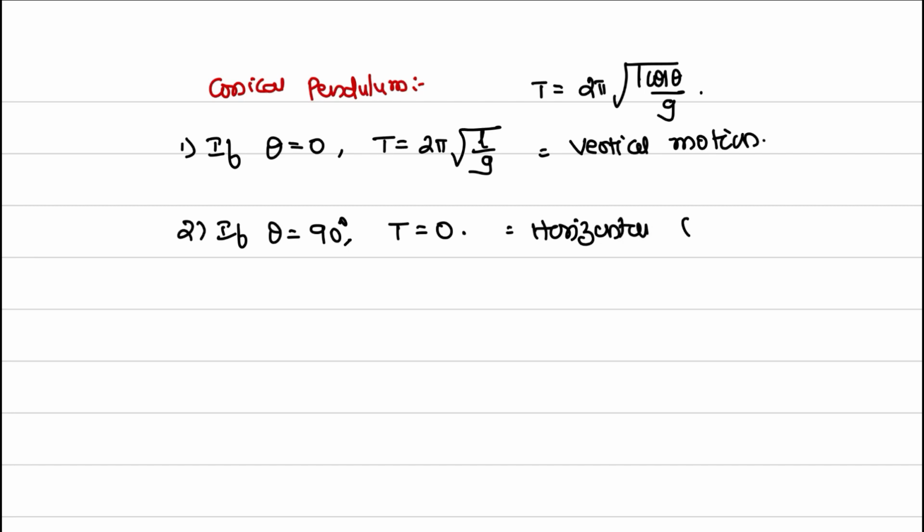When theta is equal to 0 degrees, it is vertical motion, we have understood about the simple pendulum. When theta is equal to 90 degrees, we have understood about the conical pendulum.